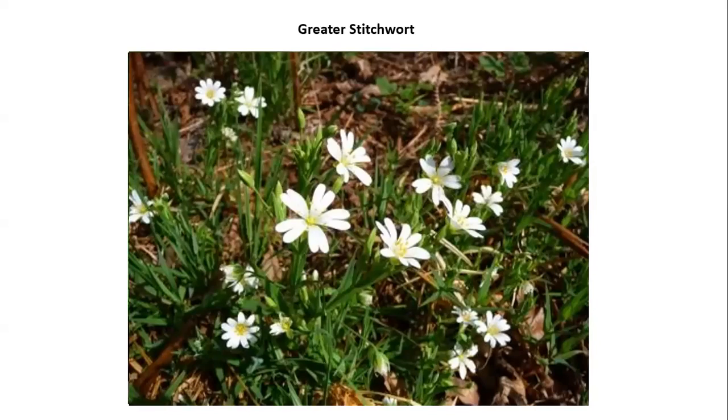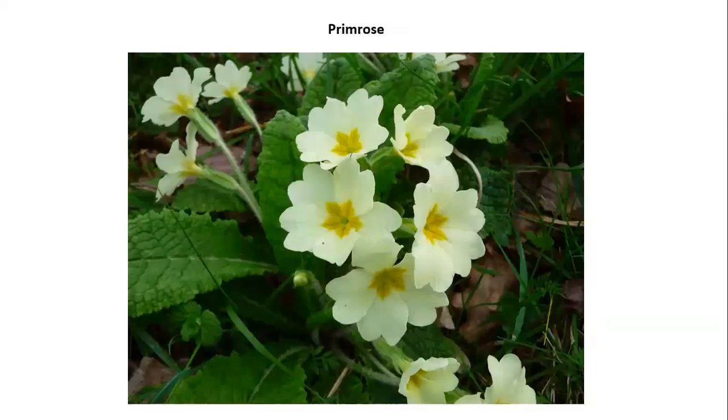So this would be found around these woodland fields in the springtime. So we can look out for those as well. Stitchwort. There's a greater and lesser. The greater one is more common, so easier to spot in the spring.